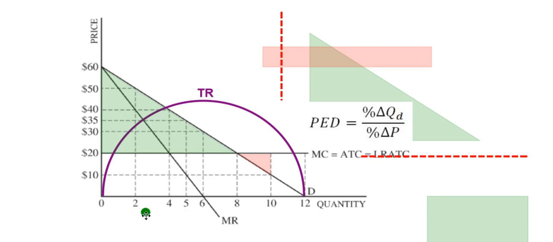So if you can sell 2 units at 50, then you would sell them to these 2 buyers. You would sell 4 at 40, 5 at 35, and 6 at 30. You would sell at $20. You would sell 8.